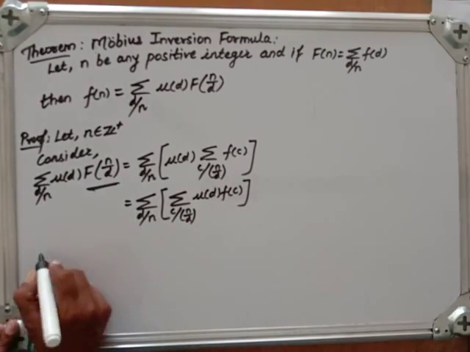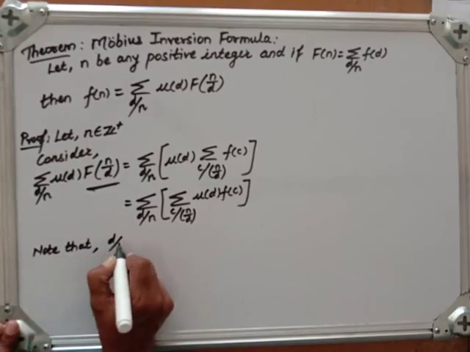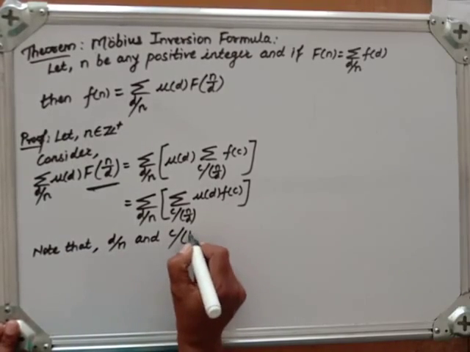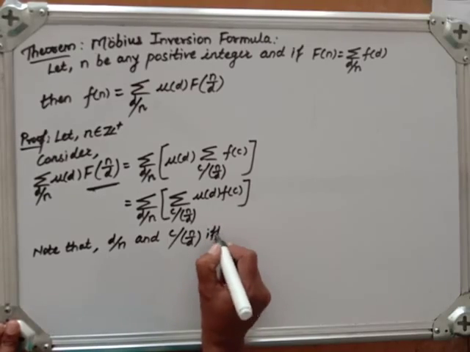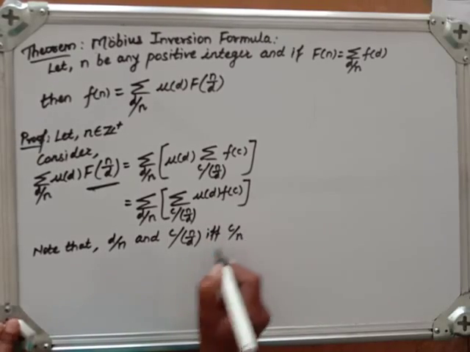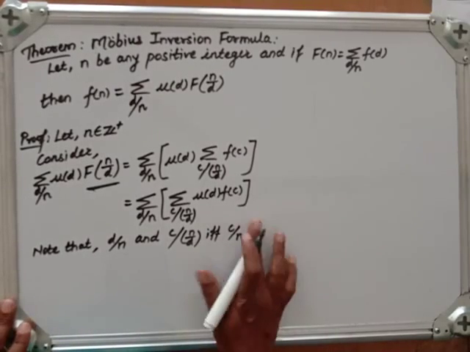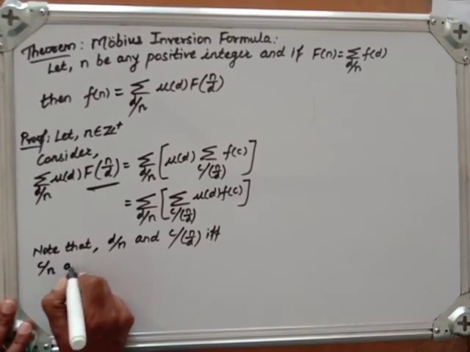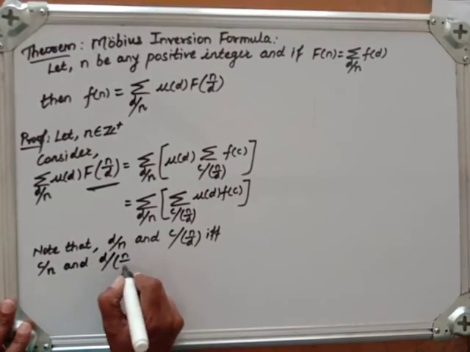Now note that d divides n and c divides n/d if and only if c divides n, and if and only if, let me write here, c divides n and d divides n/c.